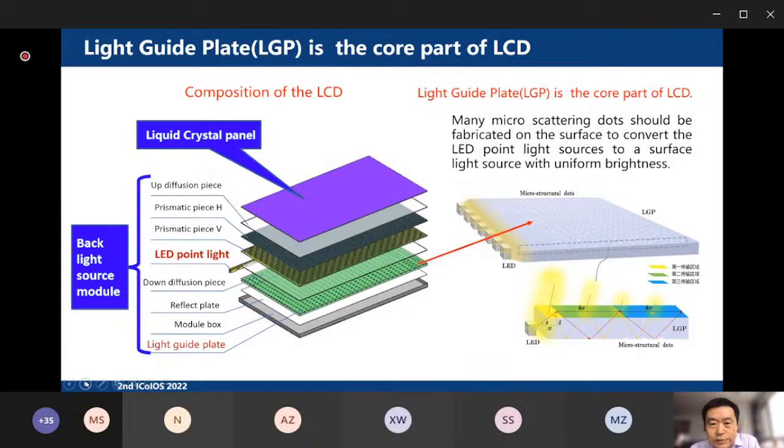On the surface, it should be fabricated a lot of scattering dots to change the LED point light source to a uniform surface light source. So please next.